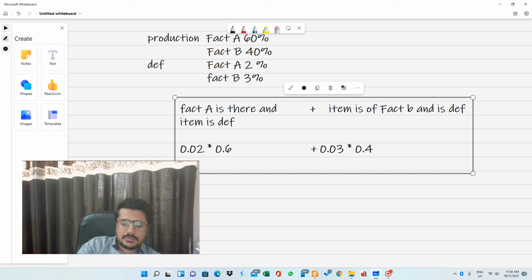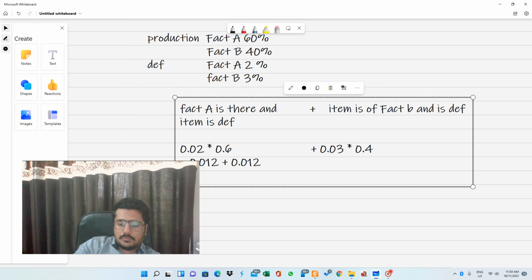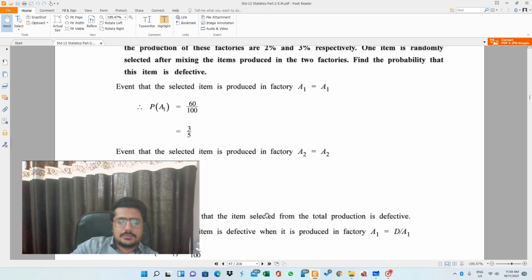So again it is just like the previous one. So it is 0.012 plus 0.012, which is 0.024. This will be your answer.